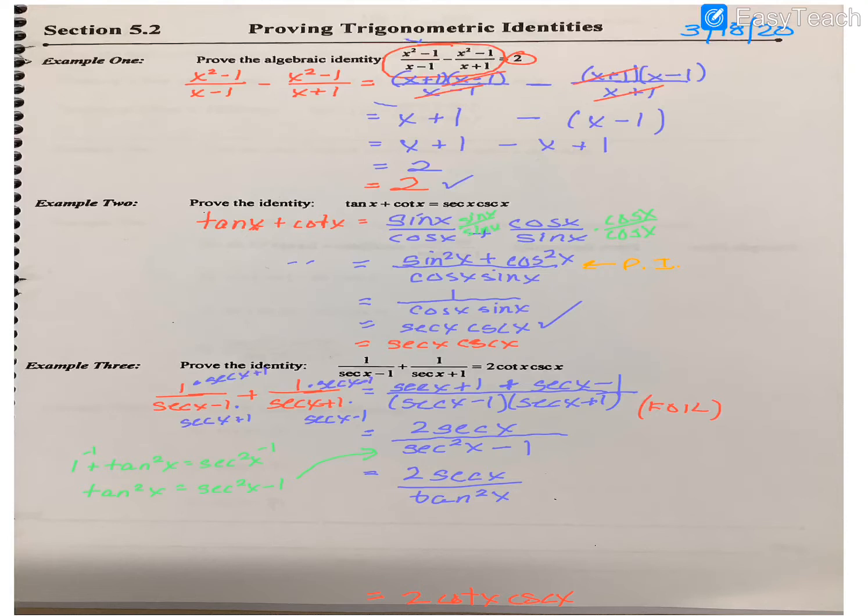So, a couple of different ways to proceed. One option is that notice my final answer is not a fraction. So how could I get this out of a fraction? How do you take tangent squared out of the denominator? Tangent squared in the denominator can be a cotangent squared out of the denominator. So one option I can do is I can rewrite this as 2 secant x times cotangent squared x.